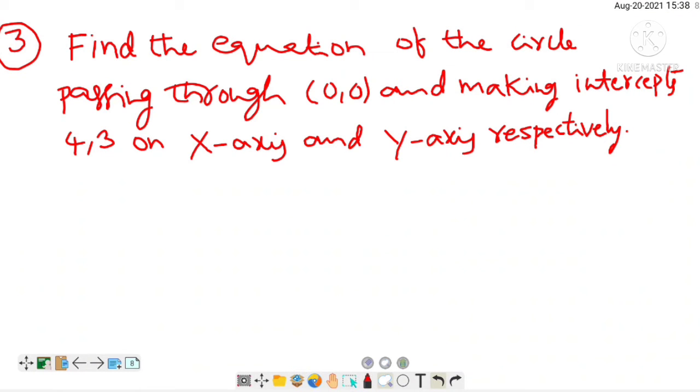Next one: find the equation of the circle passing through the origin and making intercepts 4, 3 on the x and y axis respectively.